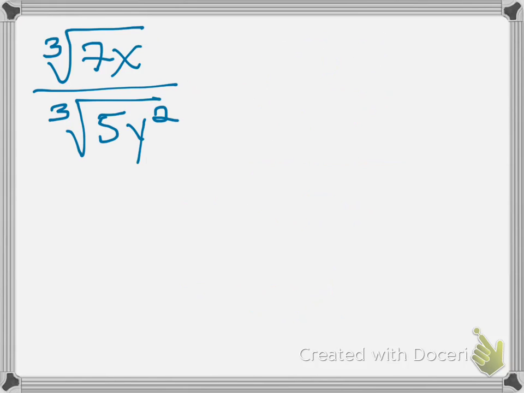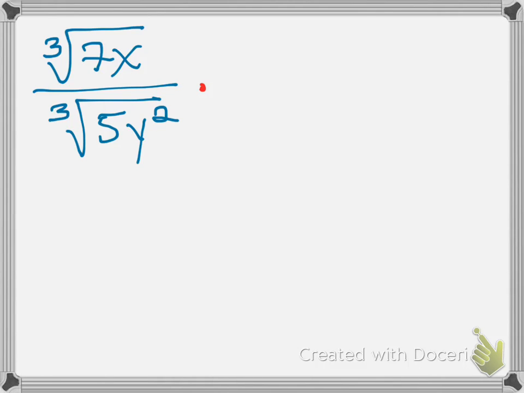Let's do one more example. Another way that you can go about simplifying radical expressions when you're dividing two of them is that you can first rationalize the denominator. We've done a little bit of this this year already, so this is just an extension of the same idea. To rationalize a denominator means to get rid of any radical expression that's in the denominator.